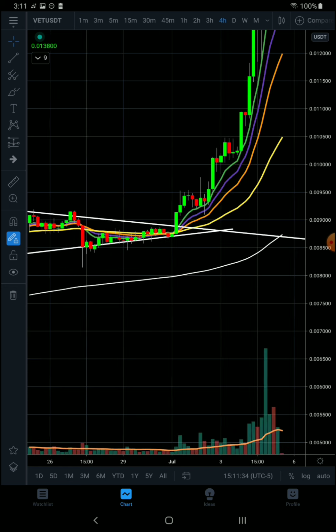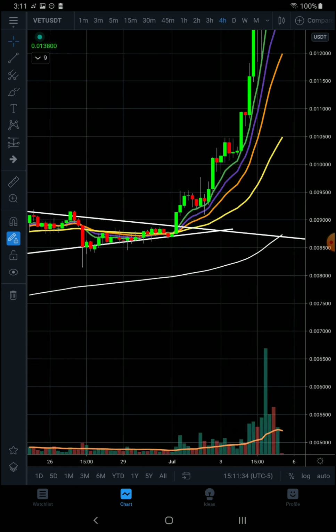I'm going to show you right here, down right there. See this little candle? This one right there with a huge volume? That poked out of it. And also, all four of these, the EMAs, started to align.